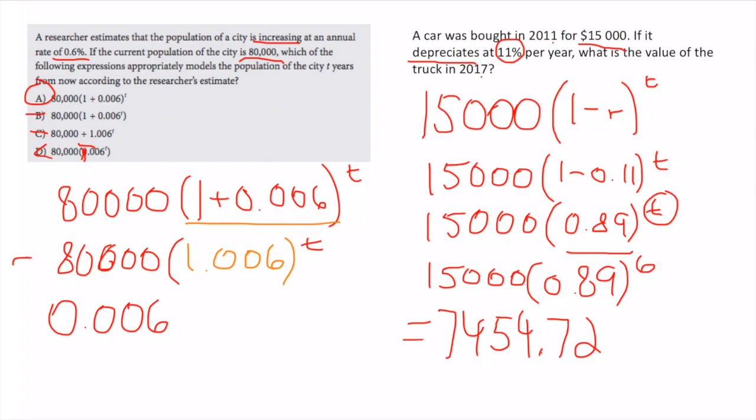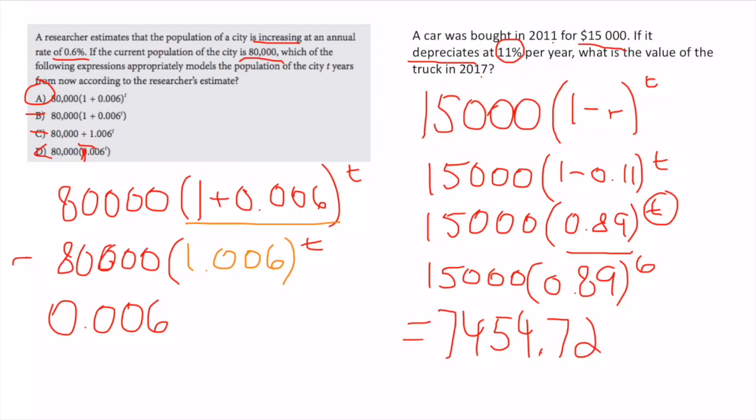So this question would obviously be in the section of the test that allows you to use a calculator. Again, after 6 years, this car that you bought for 15,000 is worth about half of what it was when you first bought it.